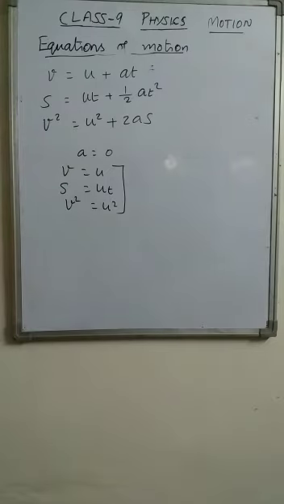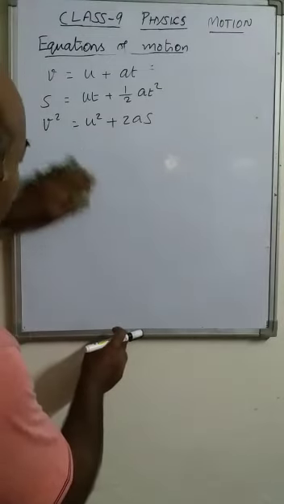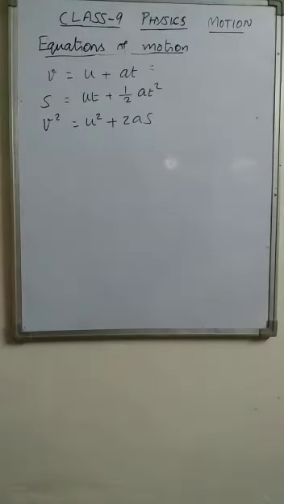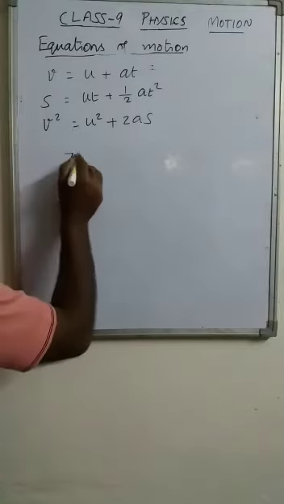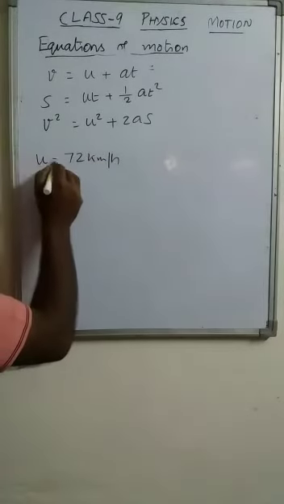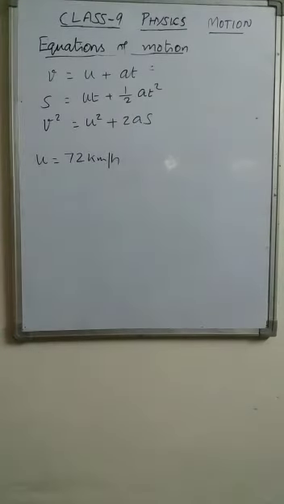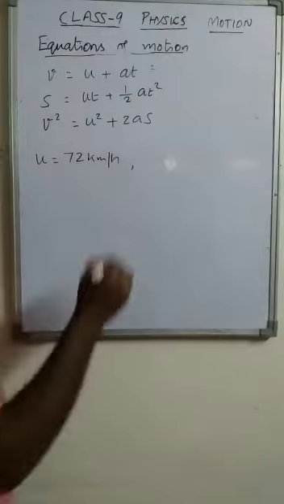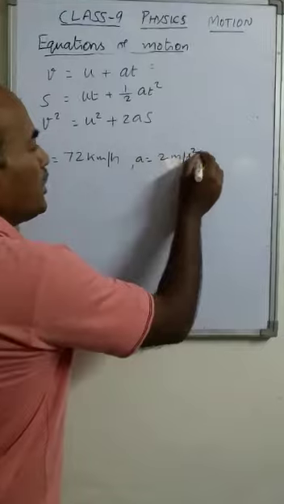Then let us see a simple example, a simple numerical. Suppose an object is traveling with a velocity of 72 km per hour. It means that is its initial velocity. This object is traveling with an acceleration of 2 meter per second square.